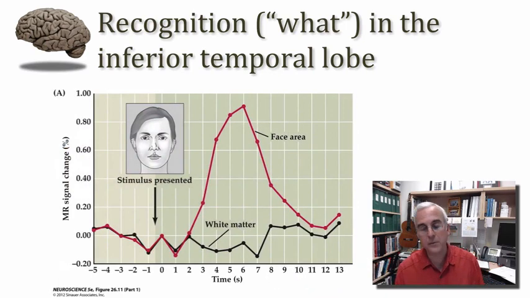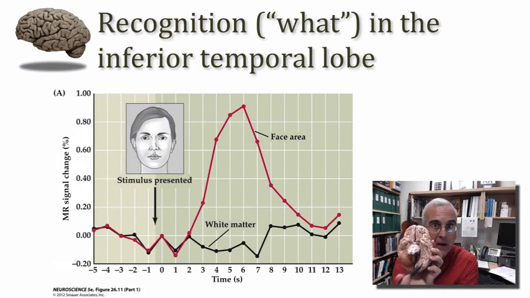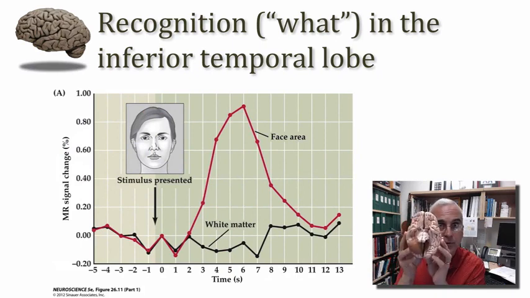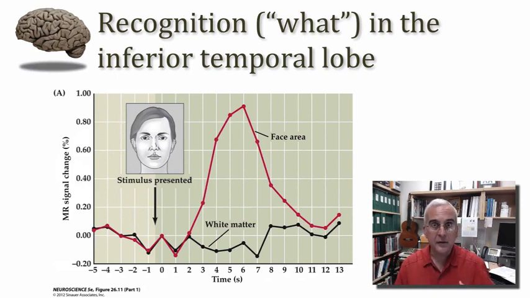And when these experiments have been done, what is quite clear is that there are regions in this inferior temporal lobe, again associated with this so-called fusiform gyrus region, that seem to become especially active when we are confronted with a human face.